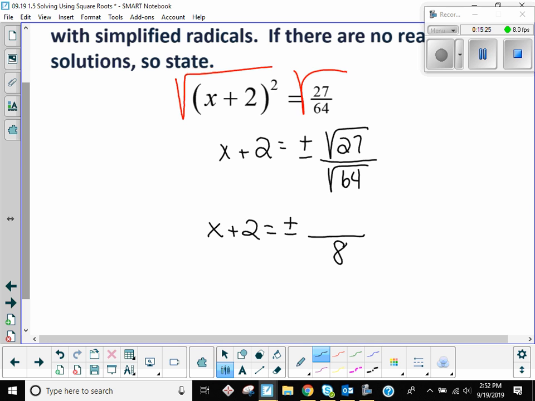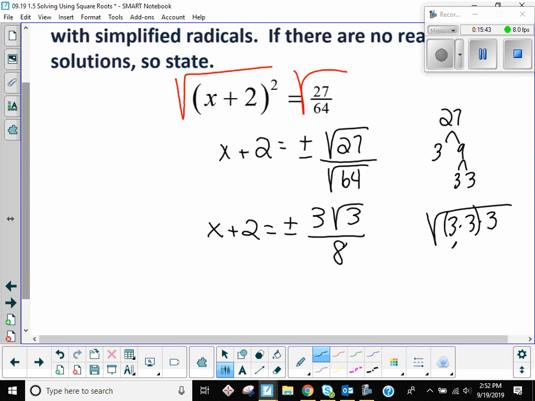Okay. If you are still stuck on simplifying radicals, I have had a few questions today. Remember, you take your factor tree of 27, 3 times 9, 3 times 3, and you're looking for pairs of 3s that you can pull out one. 3 rad 3.